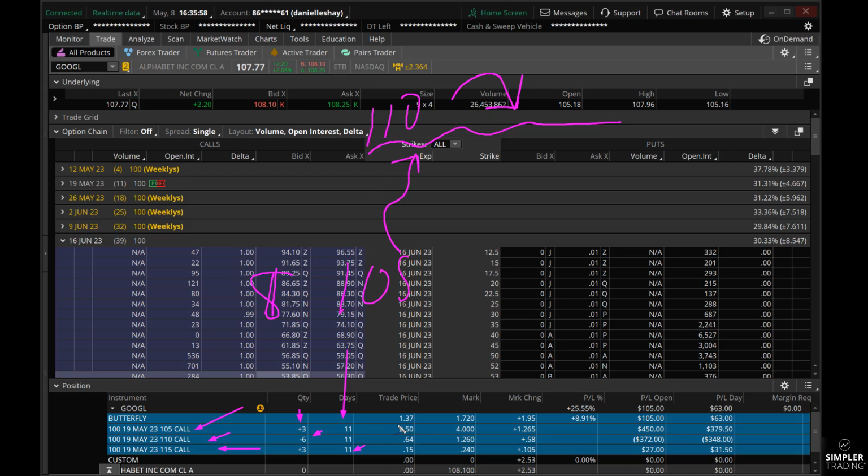And ideally, you can make money on your long butterfly. This butterfly only cost me $1.37 a contract. It's already up 25%. As time goes on, and ideally as this gets closer to 110, hopefully I can take this off for a 50, 75% winner. I guess we'll see what happens.